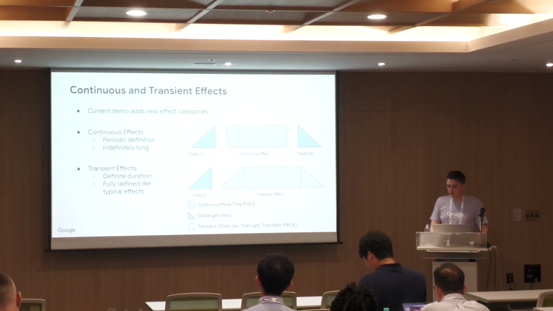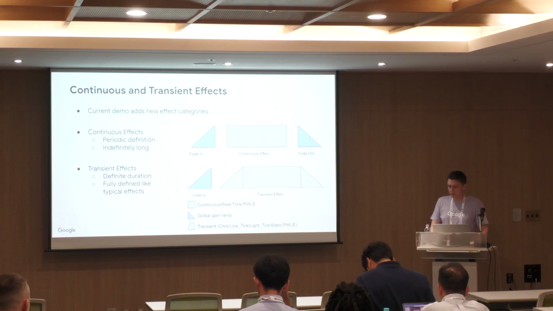Because the effect is defined as a single waveform period, and PWE effects must start and end at zero amplitude, the starting and ending behavior is defined separately from the effect definition. This is part of the API instead of part of the effect definition.